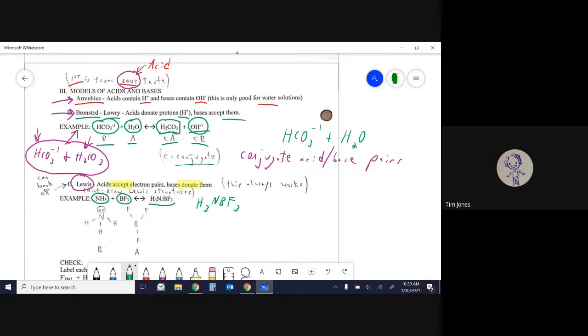That's why they make a point of showing that pair of electrons right there. So here's ammonia with an extra pair of electrons. And of course, it's trigonal planar shape. It is going to allow that pair of electrons to be, they say, donated, but I kind of think of it more as a sharing. So that makes it the base.